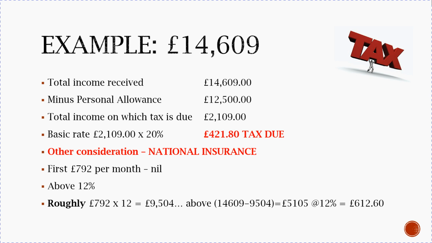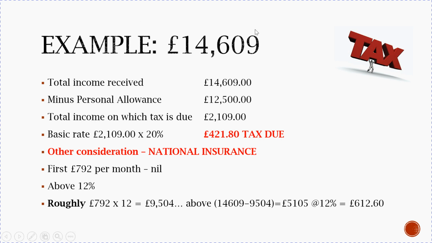So this £792 works out at roughly £9,504 over a period of 12 months. So if you were to earn this £14,609, on your first £9,504 there's nothing. Then on the difference, there's 12% for national insurance. So just to give you a ballpark, roughly £612.60 is the kind of national insurance you'd be looking at.